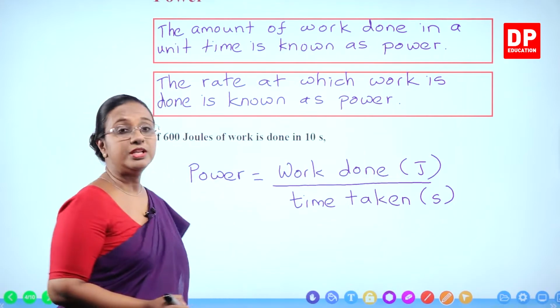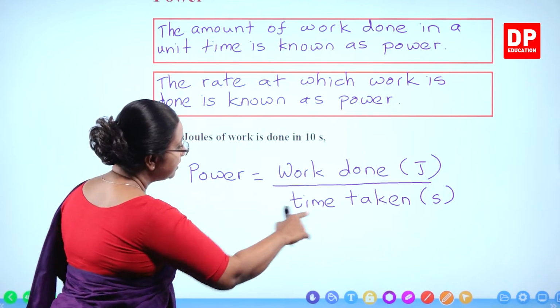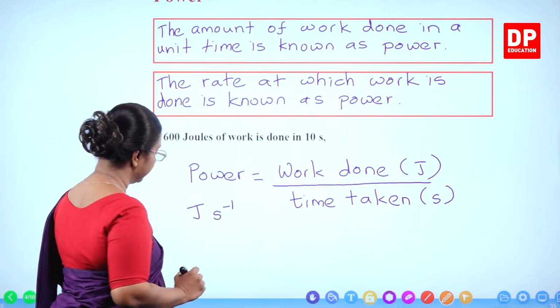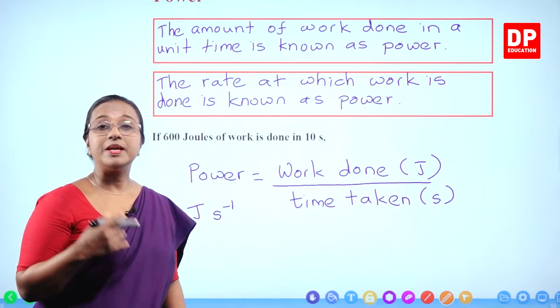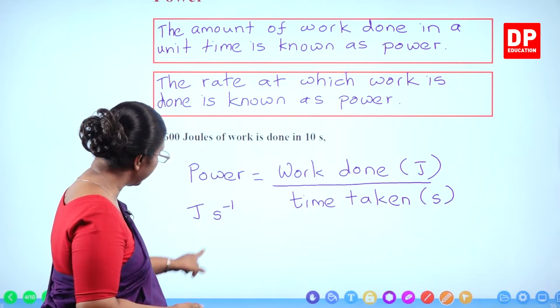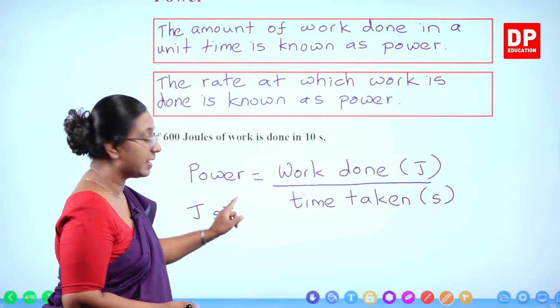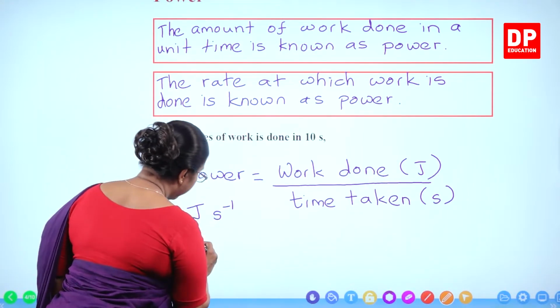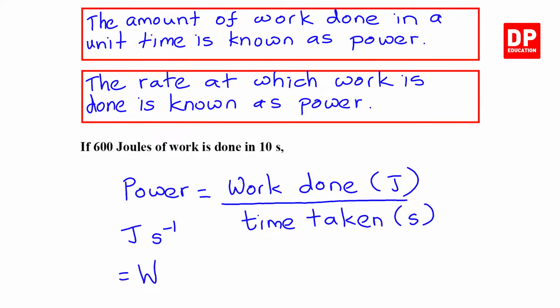So what is the unit of power? Joules divided by seconds. This will have the unit joule per second. Joule, you all know, is the name of a scientist, Prescott Joule. It has to be a capital J, then seconds, joule per second, or J s^-1. But this unit is equal to watts, capital W. Again, that is watts.